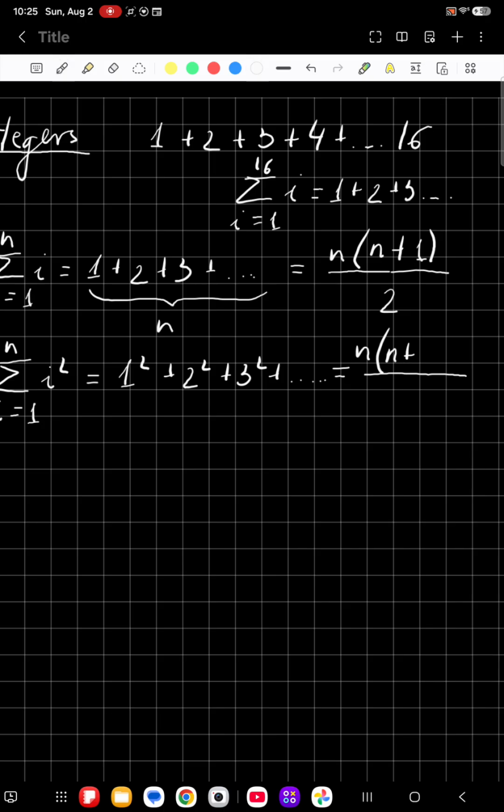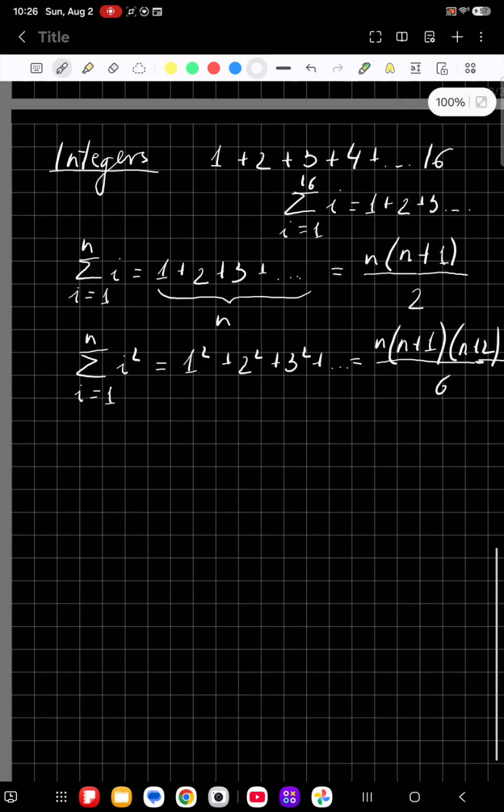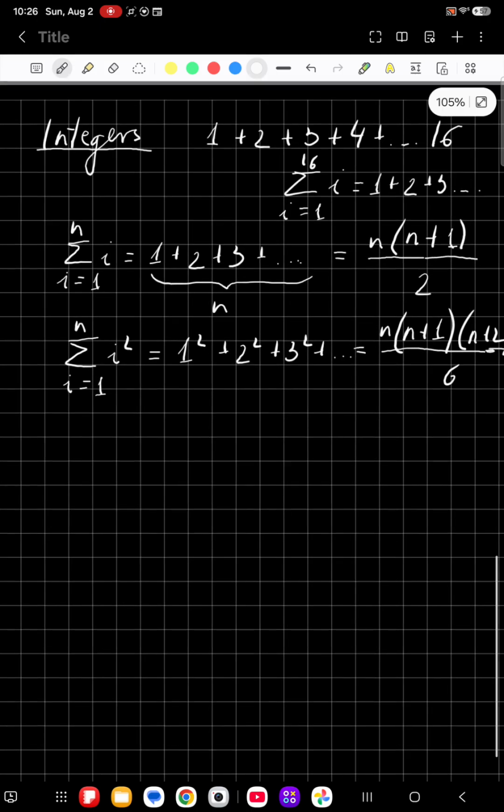I don't, so let me make it a little shorter. Usually 3 dots, it's kind of the industry standard. So the formula for that, because we don't want to be adding a lot of numbers, is n times n plus 1 times 2n plus 1, divided by 6. Okay. So now let's go back to our area problem.